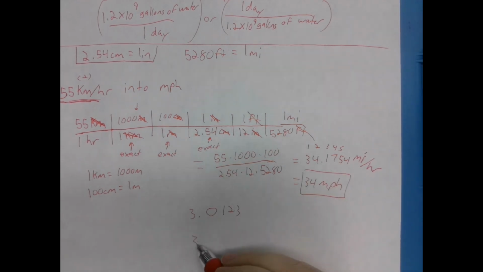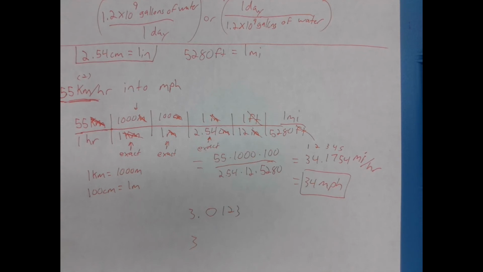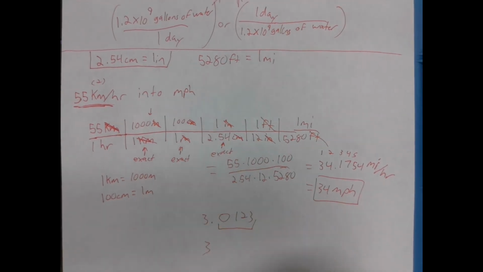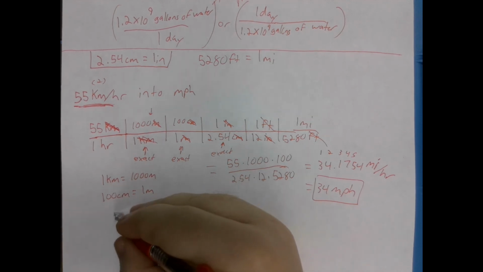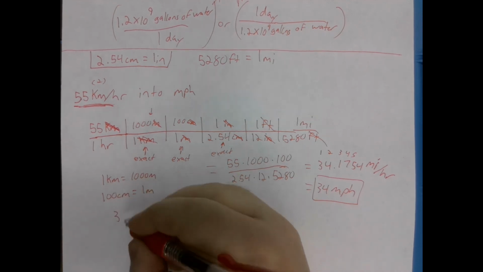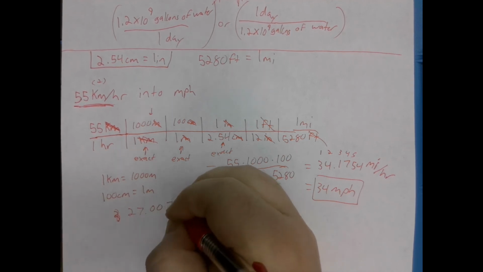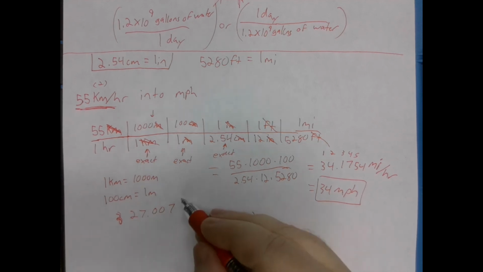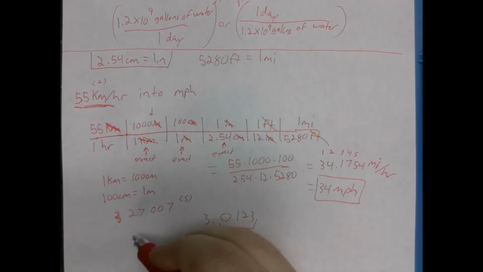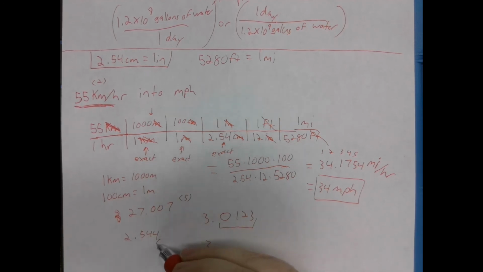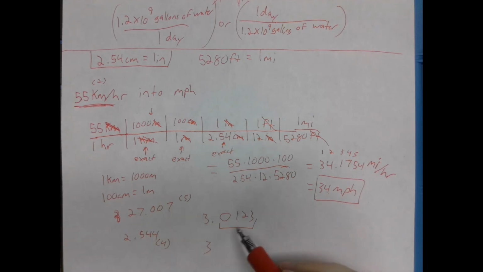I don't like people when they just put 3, because this is sometimes very important, especially when the problem gave like 27.007, which has 5 significant figures, and then gave another number that is 2.544. This has 4 significant figures. Definitely don't ever use fewer digits than the significant figures required.